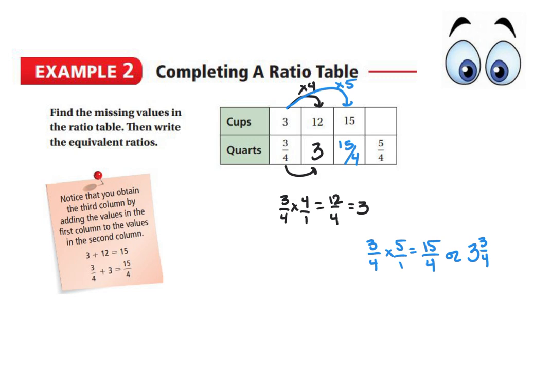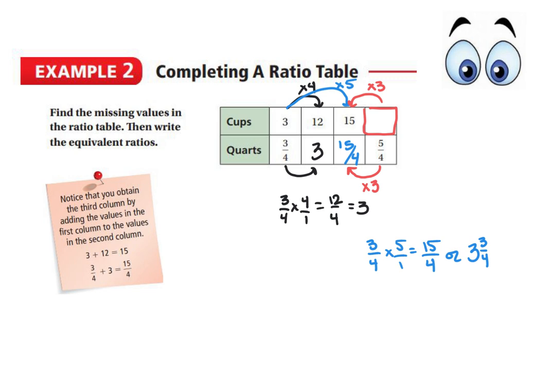And then we need to find this last spot. I think the easiest thing to do here would be think about how do I get from 5/4 to 15/4. I multiplied by 3. So to get from this to there, I need to times by 3.